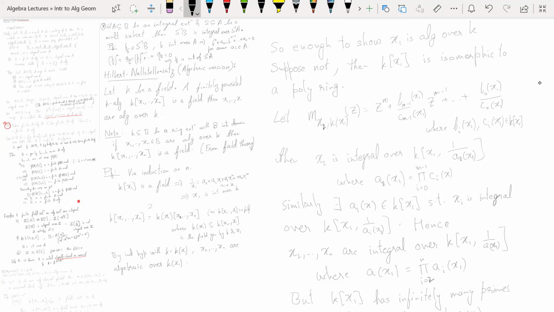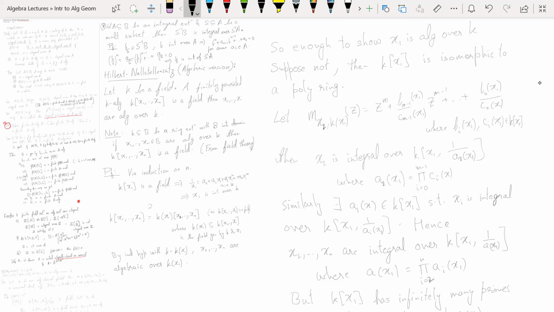It satisfies this polynomial whose coefficients are in this ring. Is that okay? So we get that x2 is integral over this.